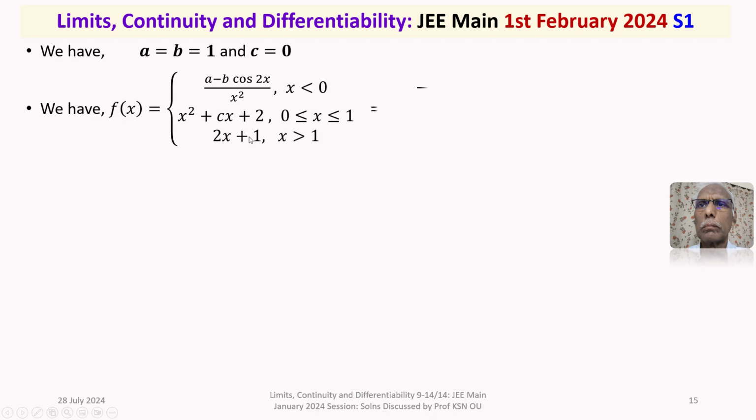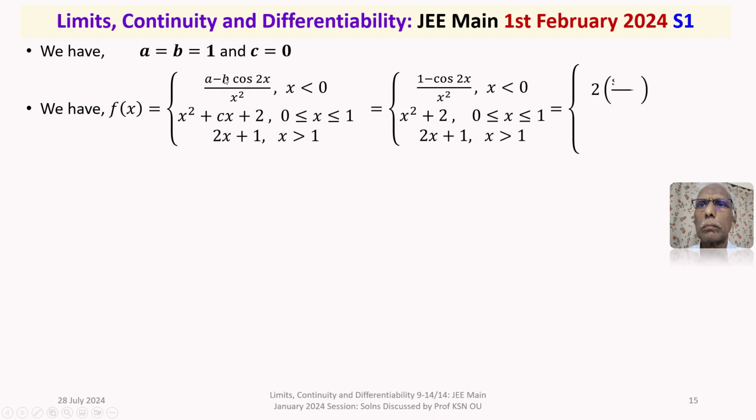Recall this one, just simply cut and paste, and put the values of a, b, c in this. So then you'll get this one. And now you see 1 minus cos 2x is 2 sin square x by x square. That is 2 into (sin x by x) whole square when x is less than 0. So the function f of x is here.